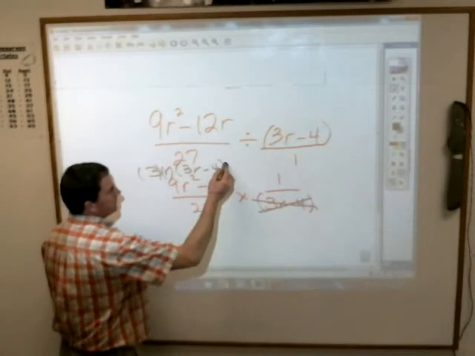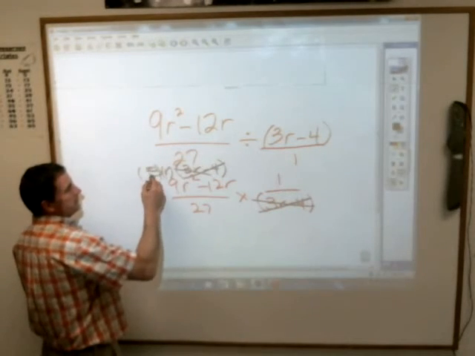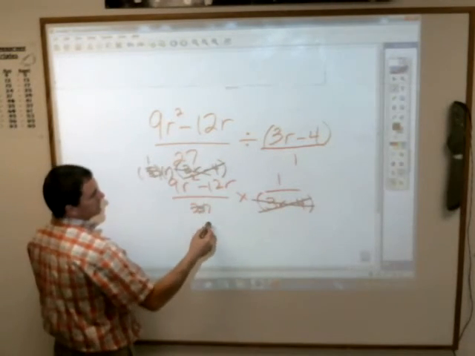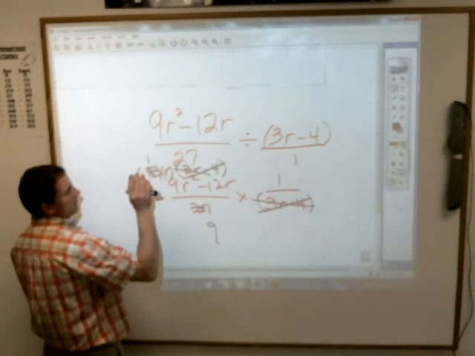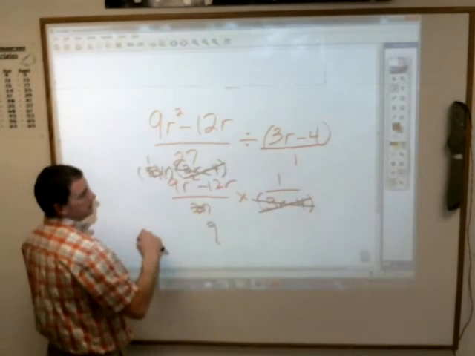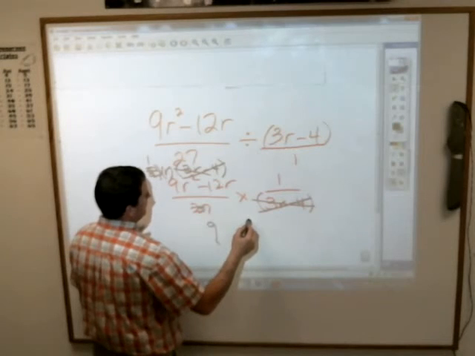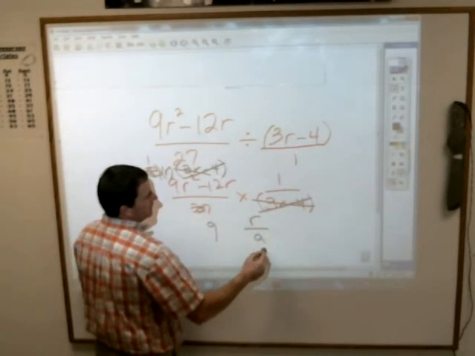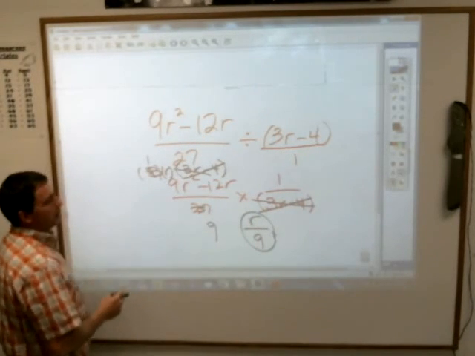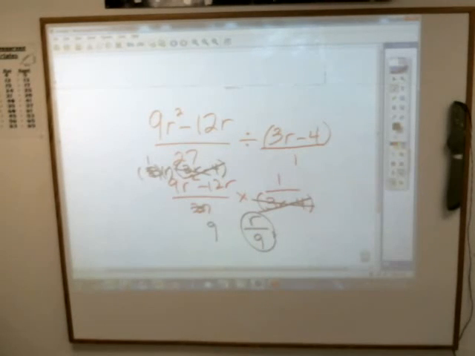This crosses off. 3 goes into 3 once, and the 27 nine times. You're left with just an r on top and a 9 on the bottom. r over 9. That's all you can do.